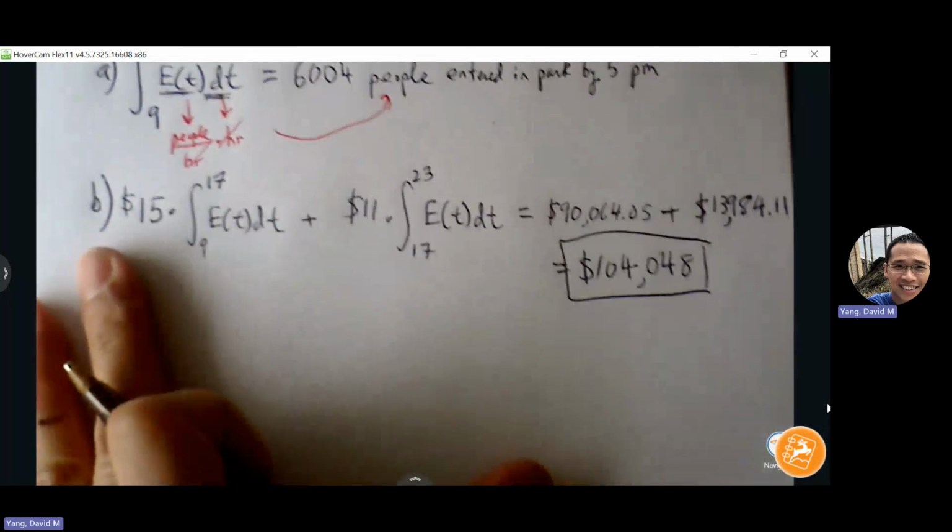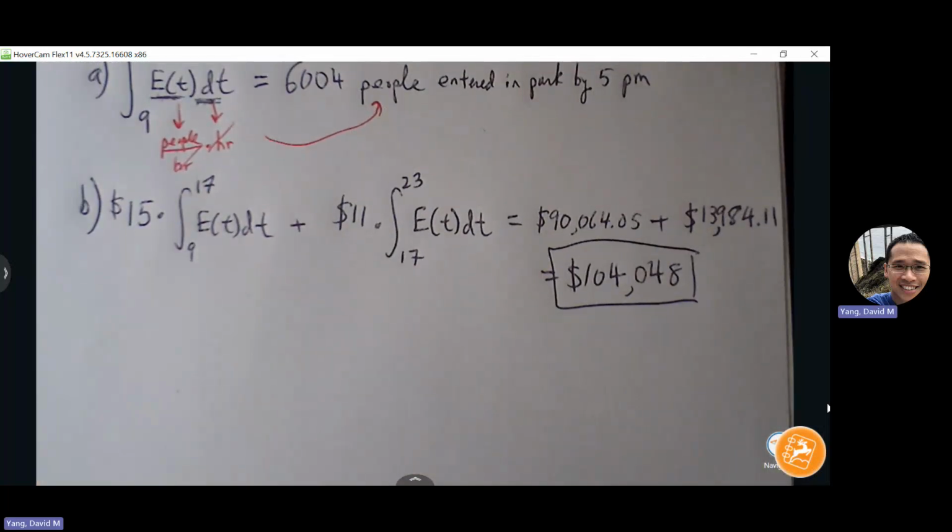Okay, so this is how much money the park can bring in on that day based off of the formula or our integral notation there.